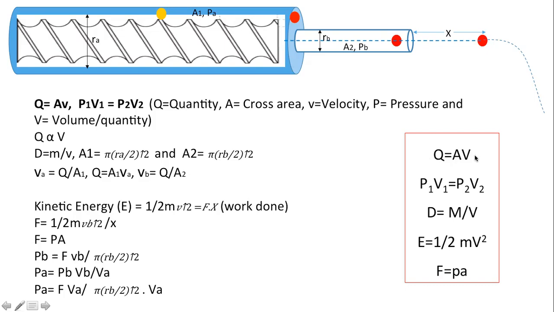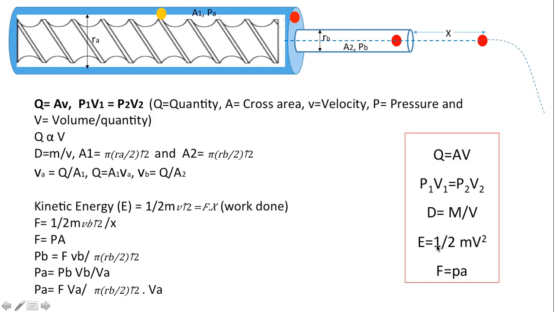Q equals A multiplied by V. It is very important. Q means quantity, A means cross area, V is velocity, right? P1V1 equals P2V2. That is also a very general one, with pressure and volume. How to use those pressures and volumes, right? D equals M divided by V. D is density, M is mass, and V is volume.